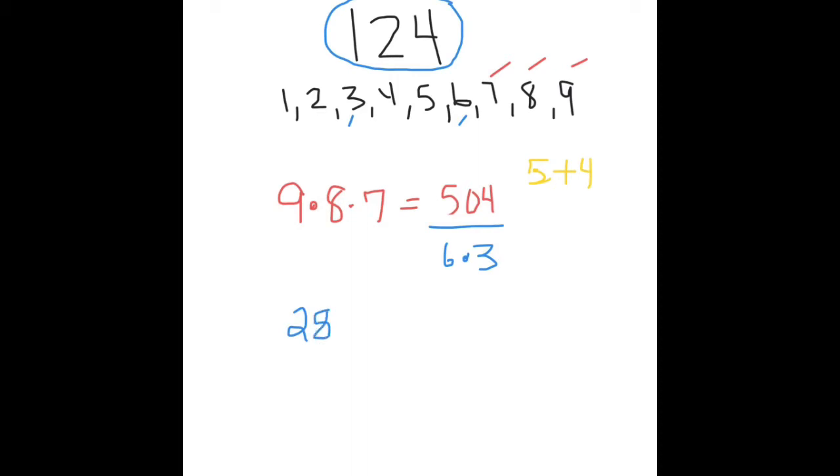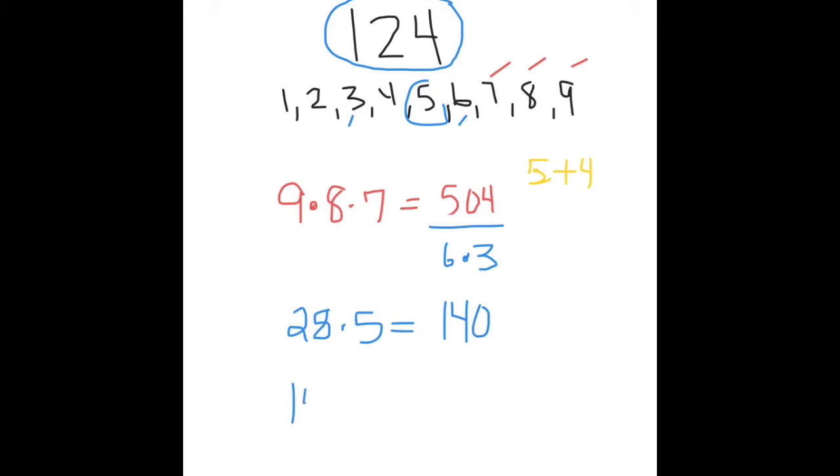Let's see. The only thing I have left is my 5, 4, 2, 1. So what if I take the number 28 and I multiply it by 5? What is 28 times 5? Ooh, getting close. That's 140. Let's see.